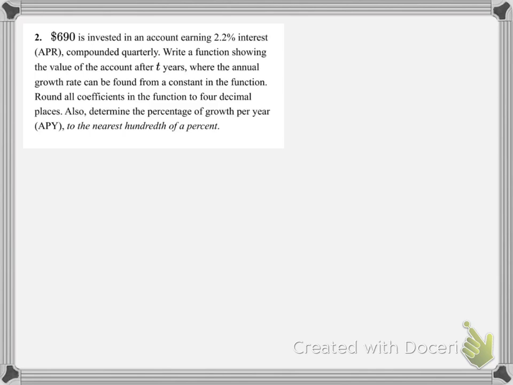So, same situation. Okay. So 690 is P. 2.2 is R. Compounded quarterly, that's different. Okay. So let's see. P is 690. R. Now remember, 2.2% has to be a decimal.